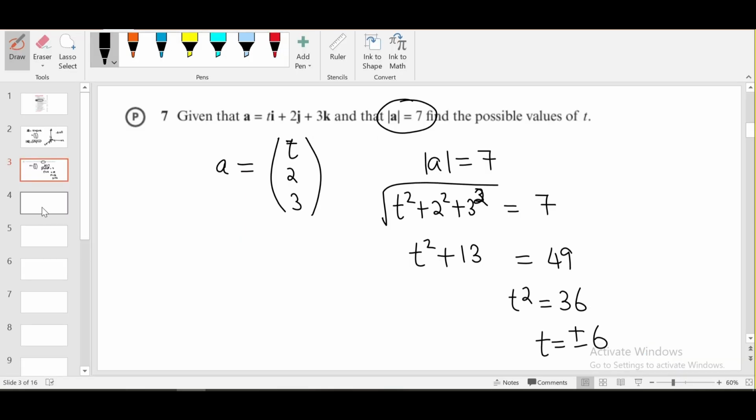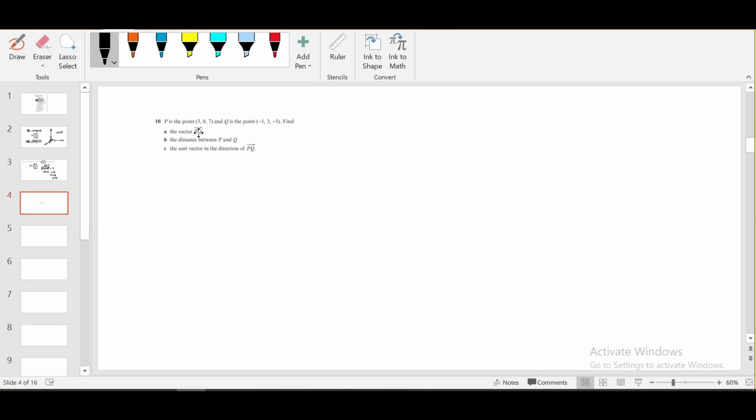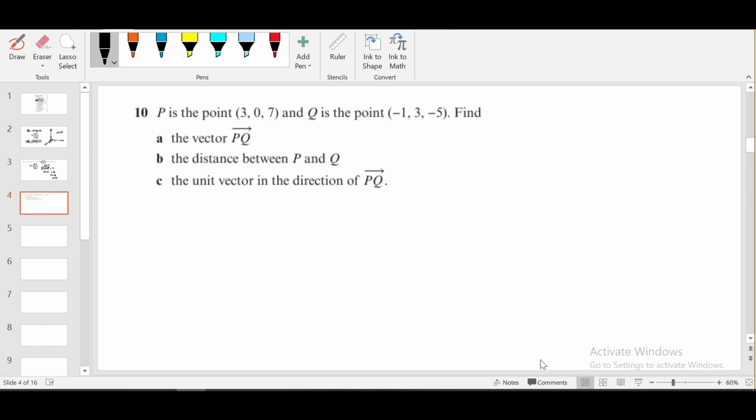Now I'm going to show you one more question. The same exercise, question number 10. You have a point P. So I'm just going to put the point P here. P of 3, 0, 7. And let's say Q is somewhere here, just in some random place: minus 1, 3, minus 5.